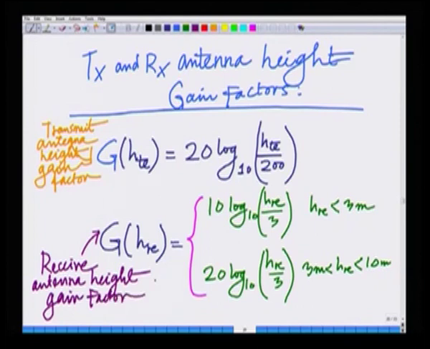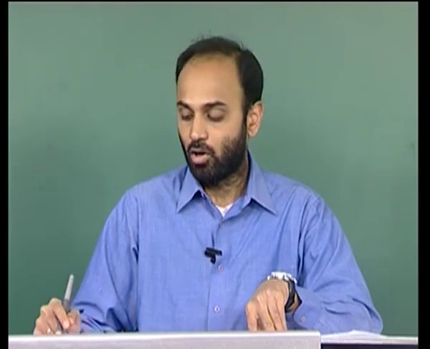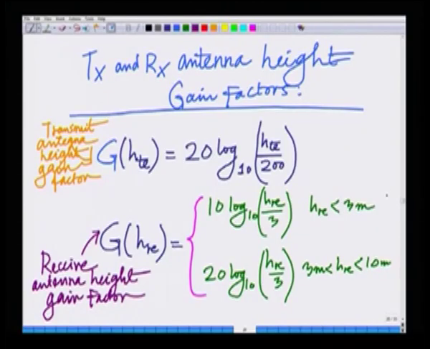GHTE as a function of the transmit antenna height is given as 20 log 10 HTE by 200, and GHRE as a function of the receive antenna height is given as either 10 log 10 HRE by 3 if HRE is less than 3 meters, or 20 log 10 HRE divided by 3 if HRE is in the range of 3 meters and 10 meters.